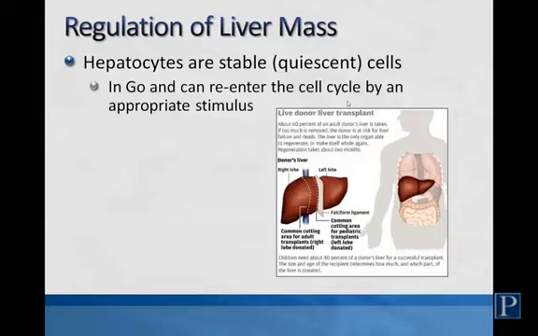What's really interesting is that I have read where you can donate up to about 70%, but I think that's pushing it. But you can donate up to about 60-70% of your liver and be able to regenerate that liver, and you can give it to the patient.